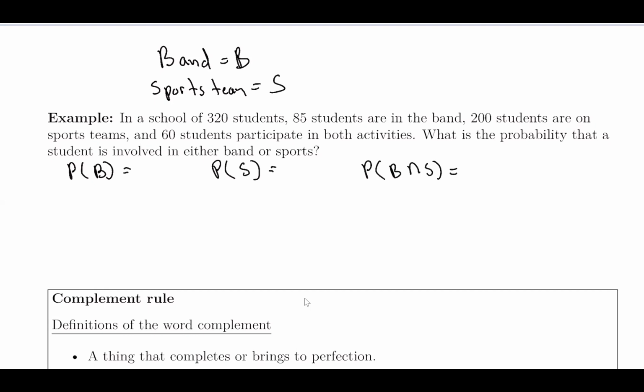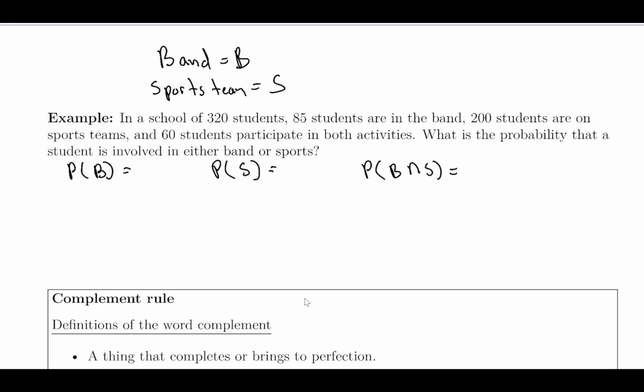Because if you look at this one, is it possible for somebody to be in band and in the sports team? Yes. So since it's possible for somebody to be in band and a sports team, that means they're not mutually exclusive. Because mutually exclusive, remember, means that either one event happened or the other event happened, but it's impossible for both of the events to occur at the same time.